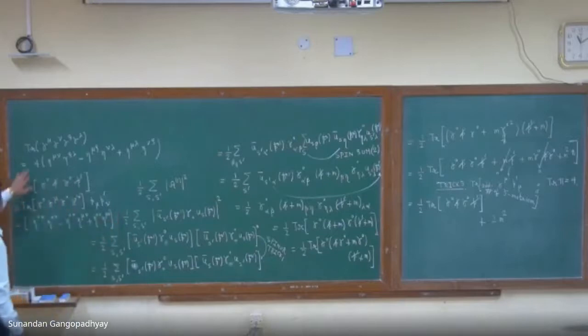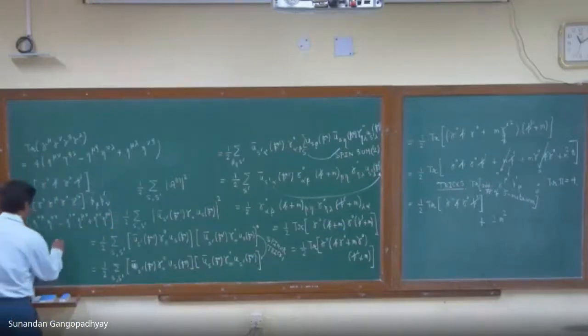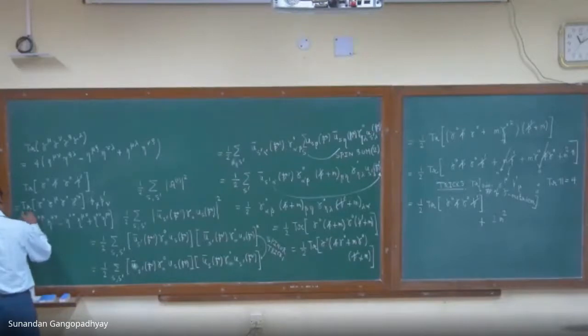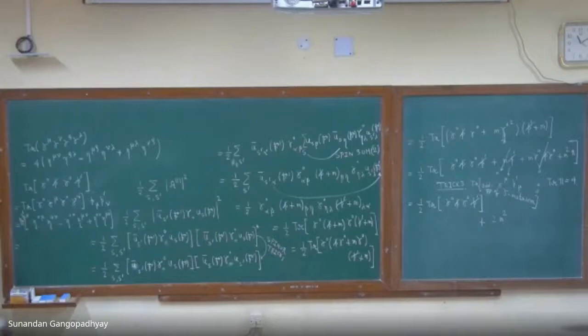Thus, we have applied this formula straight away, and then times we have p mu and p prime nu. Okay, so there is a p mu, p prime nu sitting outside. Now you can use the contraction of eta with these 4 vectors, and there is obviously a factor of 4.